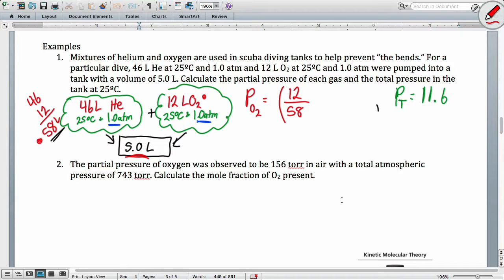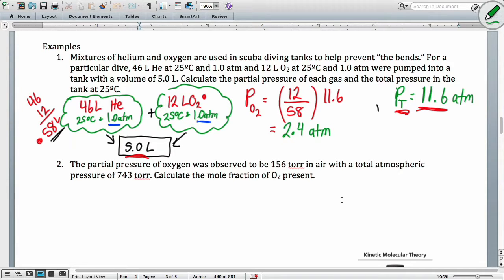I know I said they were moles, but you can do them in any units because for gases, it doesn't matter. Multiplied by the total pressure, which is 11.6. When we do that, we get that the partial pressure of oxygen is 2.4 atmospheres.